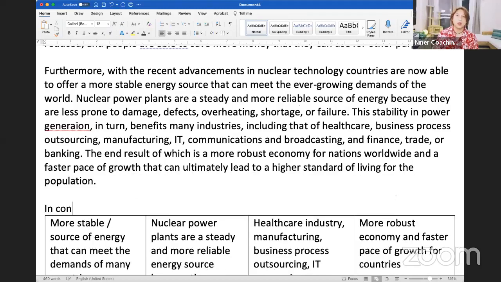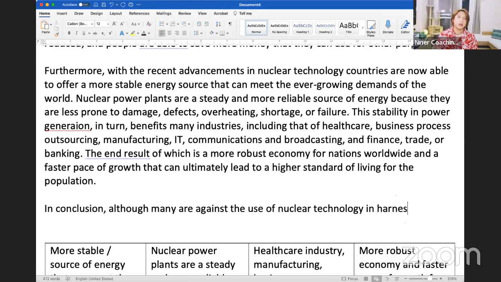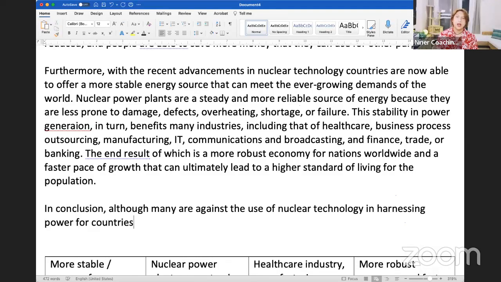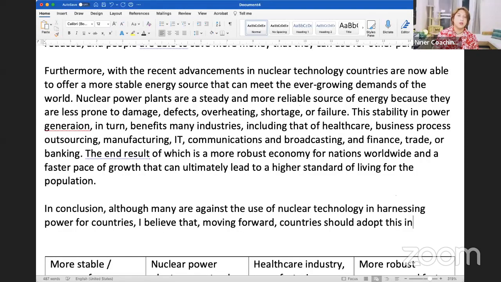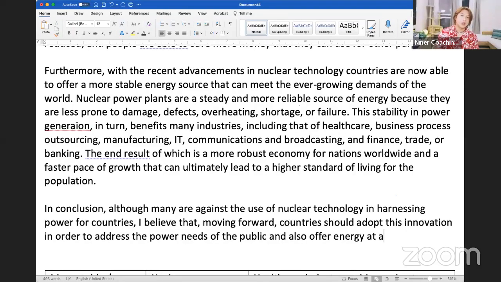We're done. In conclusion, we're just going to end this. Although many are against the use of nuclear technology in harnessing power for countries, I believe that moving forward, countries should adopt this innovation in order to address the power needs of the public and also offer energy at a much lower cost.